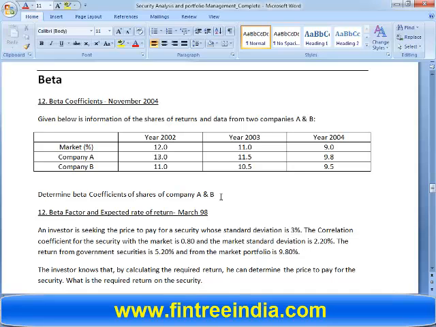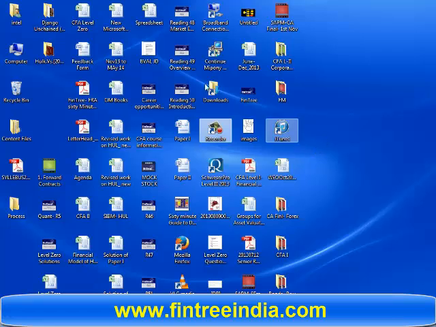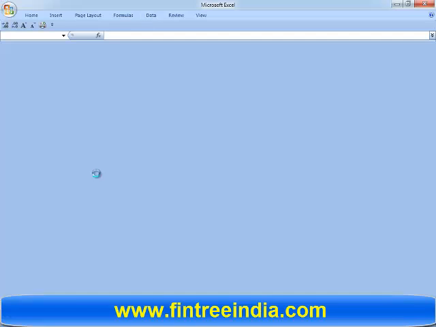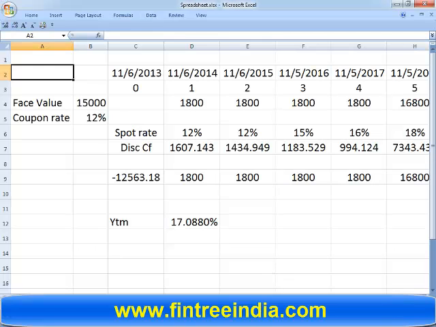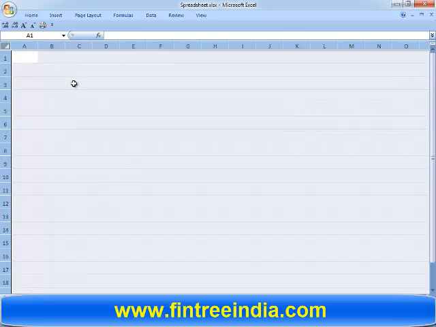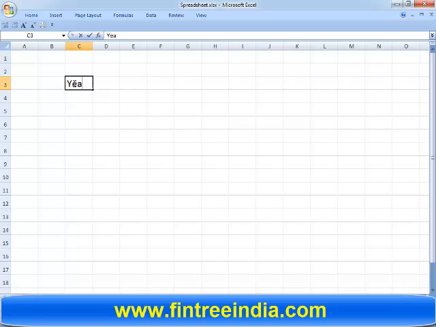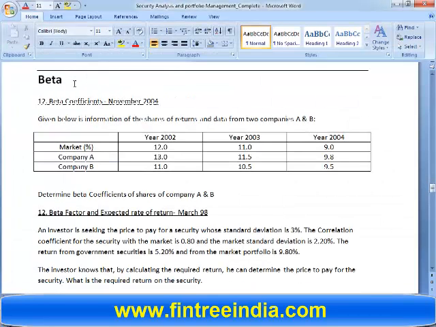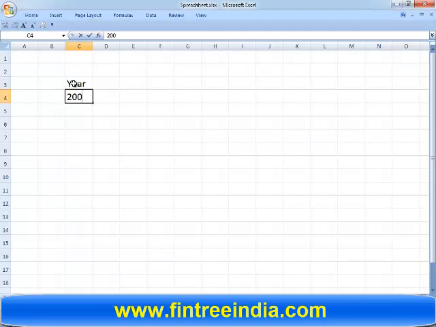Okay, so I'm making this table. You can solve it exactly in the same fashion. Years 2002, 3 and 4. Wait for me to finish.